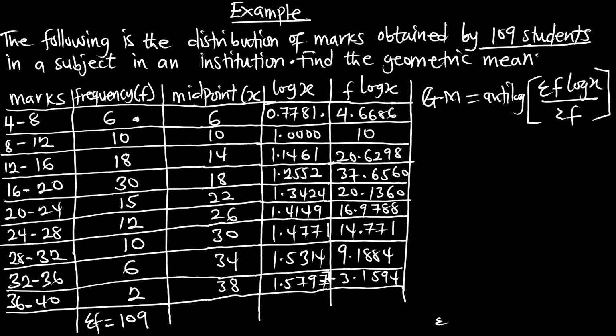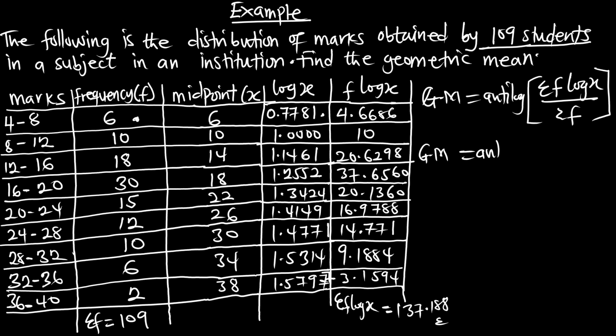So the frequency should go with the number of students. Now we also need f log x. So here is summation of f log x, and this summation is going to give you 137.188. Are we okay?